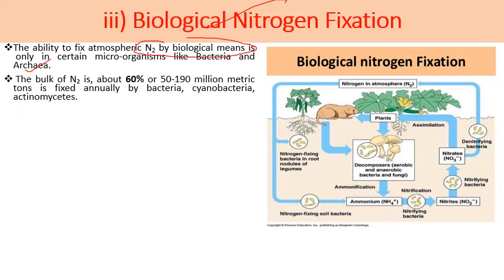So the bulk of nitrogen, about 60%, or 50 to 190 million metric tons, is fixed annually by bacteria, cyanobacteria and actinomycetes. Actinomycetes are the filamentous bacteria. So the bulk of nitrogen is biologically fixed. Approximately 60% of fixation happens with the help of these microbes, and it figures about 50 to 119 million metric tons per annum.